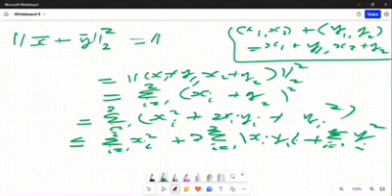Now this term is not easy to resolve. This particular one, this term here, is the one I need to resolve. And there's a famous inequality known as the Cauchy-Schwarz inequality.